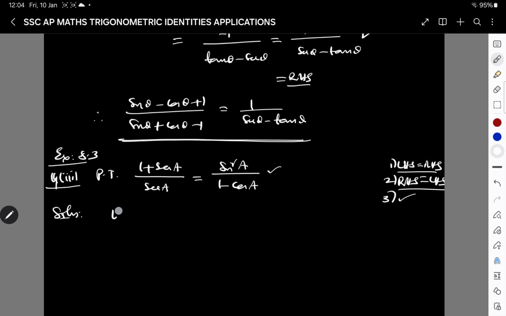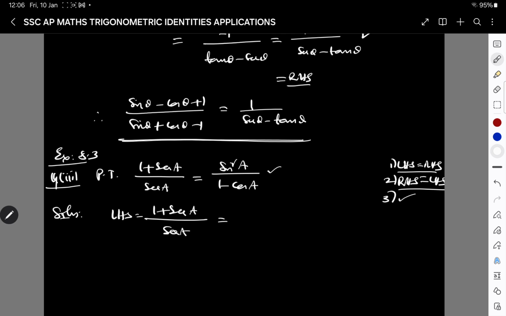So consider LHS. What is this? 1 plus secant A by secant A. Right.